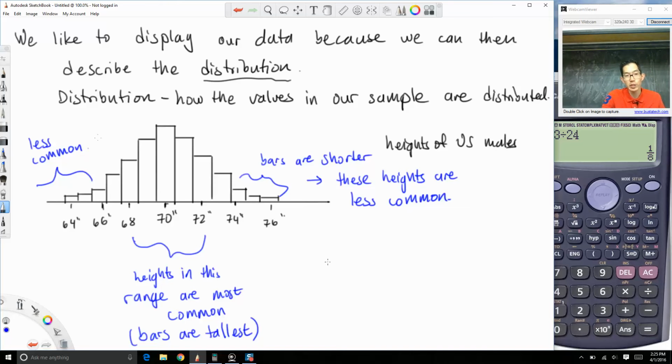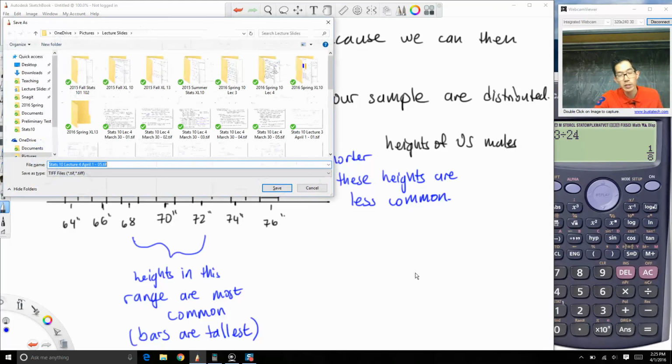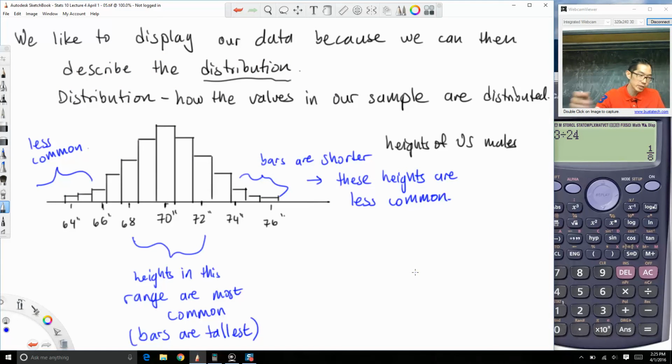Okay, and so that's what our histogram represents, and this gives us an idea of, if someone were to ask, how are the heights? What's the distribution of heights here? We would say, oh, okay, well, these heights are quite common, these are less common, and so on and so forth.